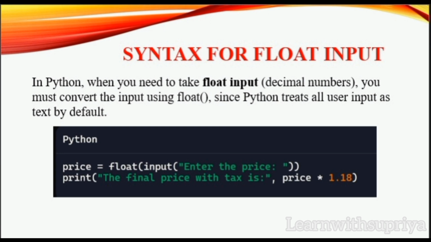To fix this, you write price = float(input("Enter the price")), which ensures Python understands it as a decimal number. Once converted, you can perform calculations like print("The final price with tax is", price * 1.18), and Python will correctly apply the tax. Try entering different decimal values and see how Python handles them. It's a great way to understand how numbers work in programming.